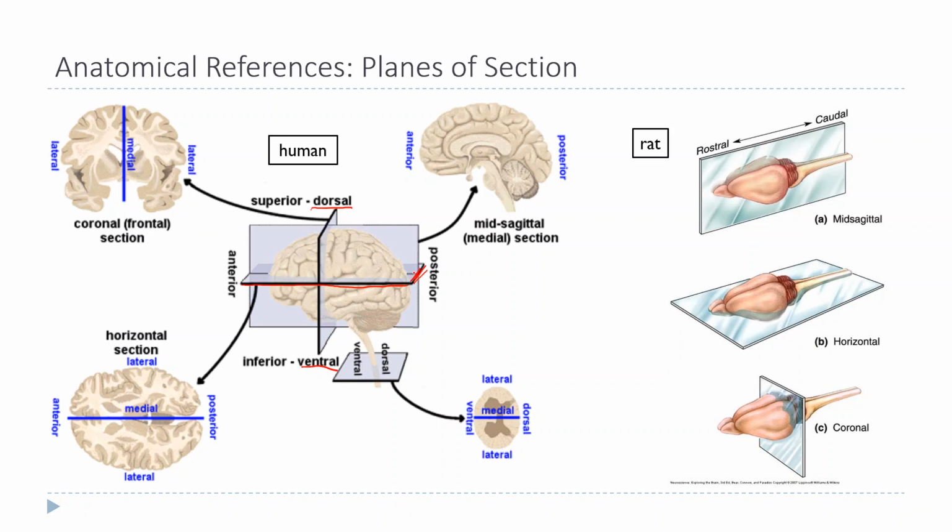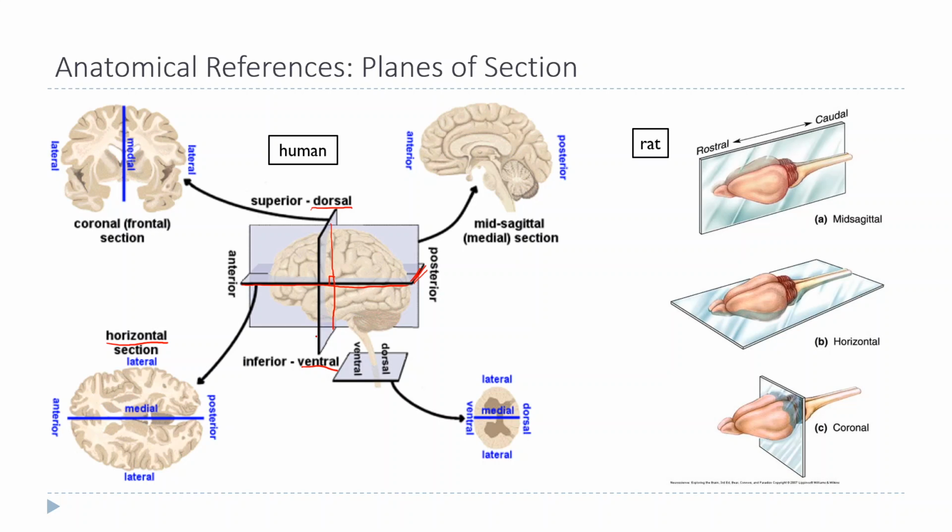So when we say that this plane is perpendicular to that axis, that's what we mean. The line that we could draw through the dorsal ventral axis would go like this. And so this line is perpendicular to this plane. And that plane is called the horizontal section because, again, it's parallel to the ground, or another way to think of it is that it's parallel to the horizon. That's why it's called that.